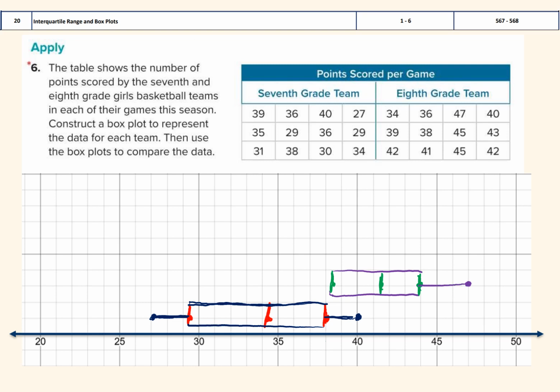And then the minimum is going to be 34. So here it is, 35, 34. Here it is. This way. And that's it. We have constructed the two box plots.